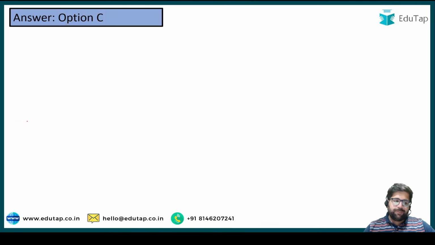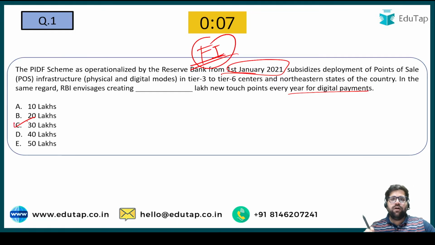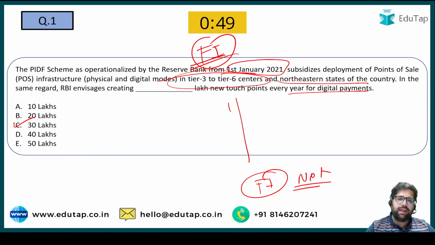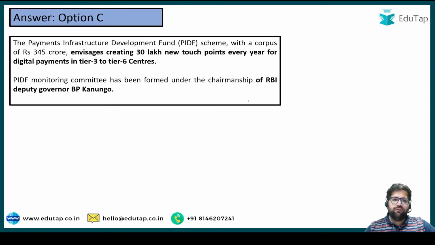So RBI is aiming to create 30 lakhs digital POS machines, and this will be done in tier 3 to tier 6 centers. Okay, so you first have to understand how RBI is targeting tier 3 to tier 6 centers plus northeast areas. So this will increase your financial inclusion net in this particular area. Okay, so the committee was also formed under this, which was regarding BP Kanungo.